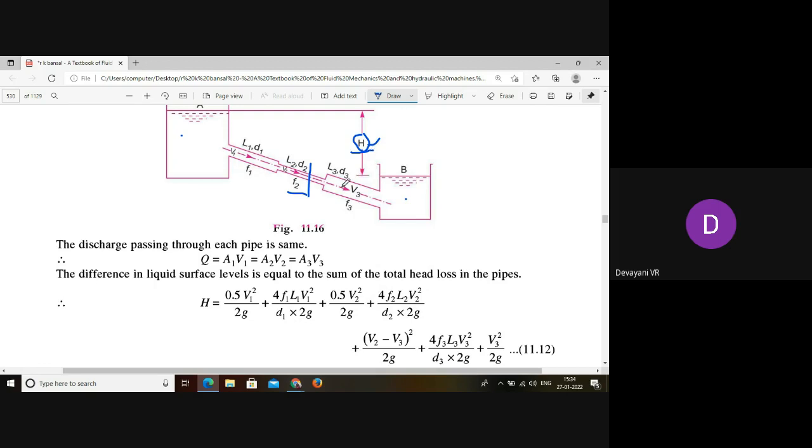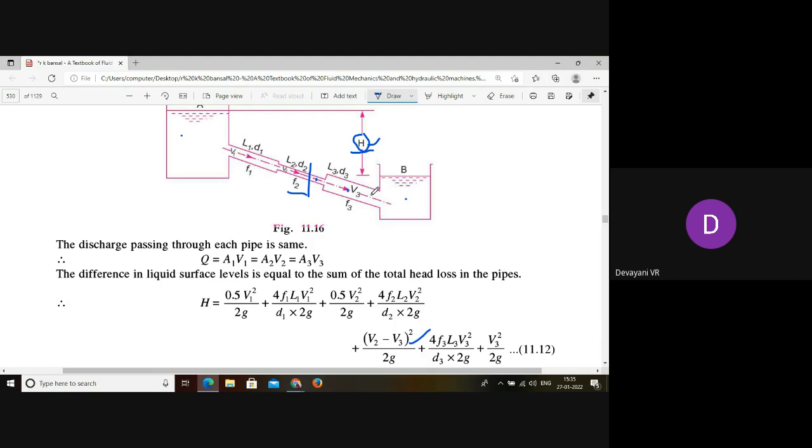And here the pipe is suddenly enlarged. So here the pipe is enlarged with the velocity from V2 to V3, so the head loss due to enlargement will be V2 minus V3 whole square by 2g. Plus the friction acting in the third pipe, 4 F3 L3 V3 square by 2g D3.